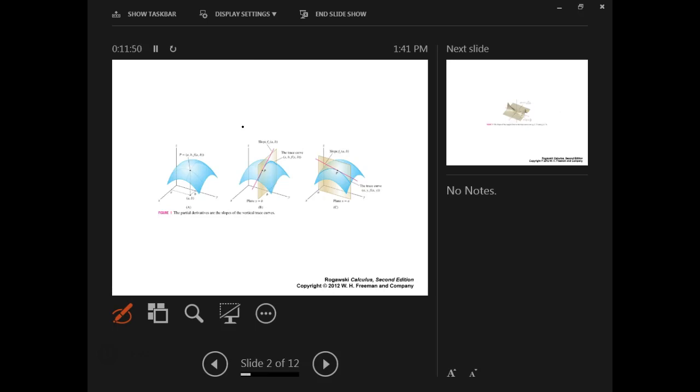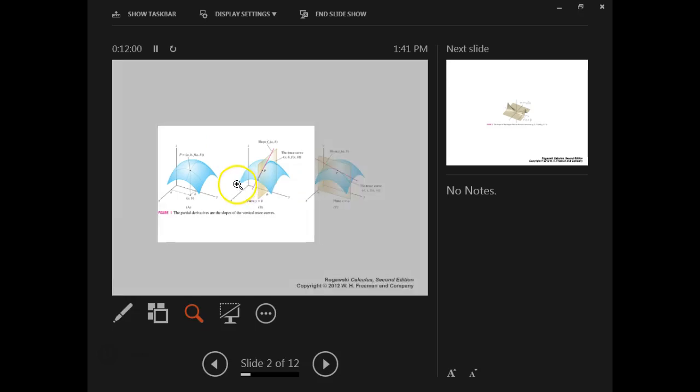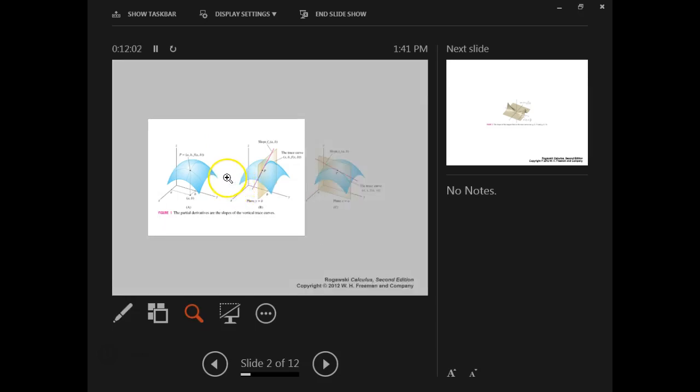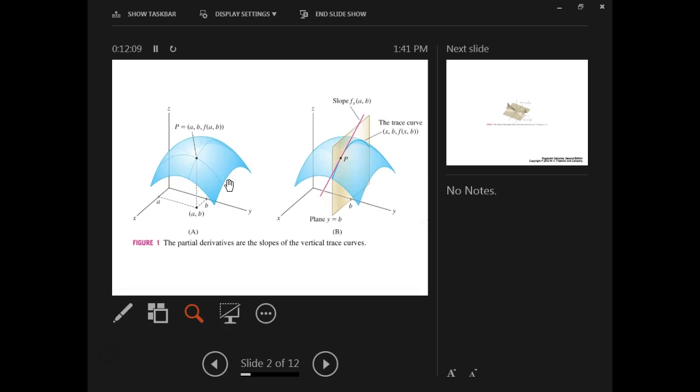Now, this figure goes with the graphical insight. Some of these they call conceptual insight. These are called graphical insights. I can't get all three on the same slide at once. So let's try this. Here is your function.